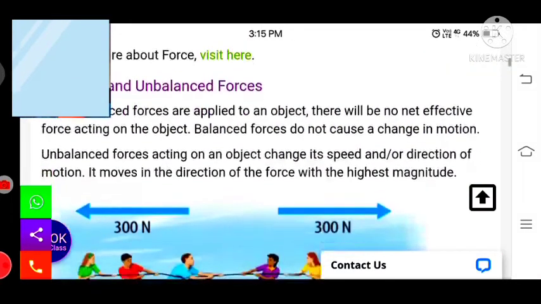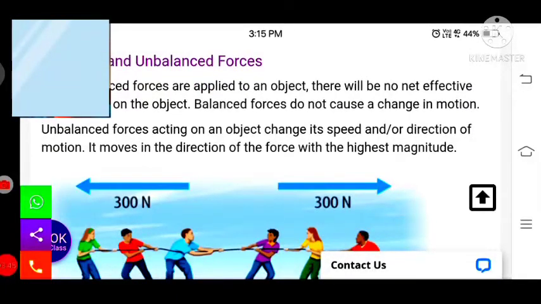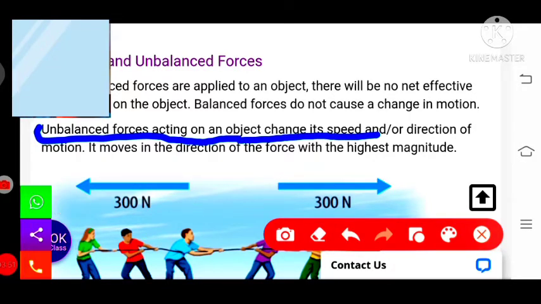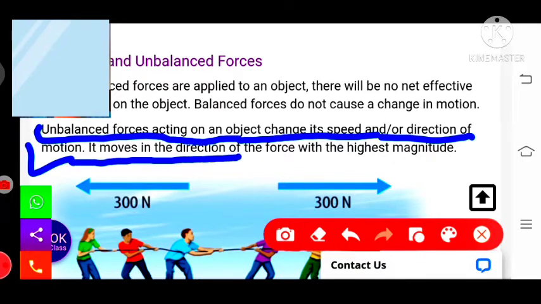And what is unbalanced force? An unbalanced force acting on an object changes its speed and/or direction of motion. It moves in the direction of the force with the highest magnitude.